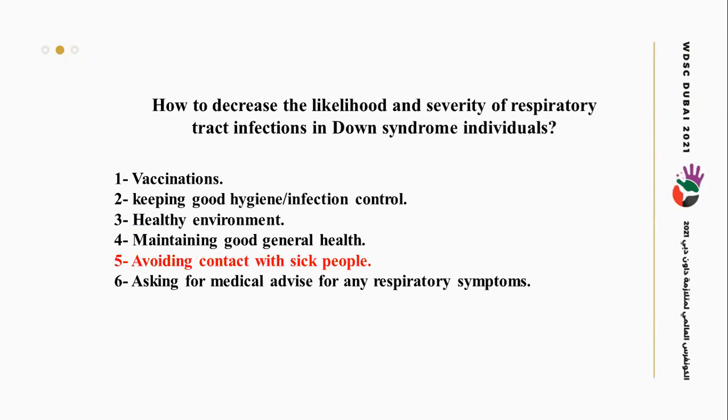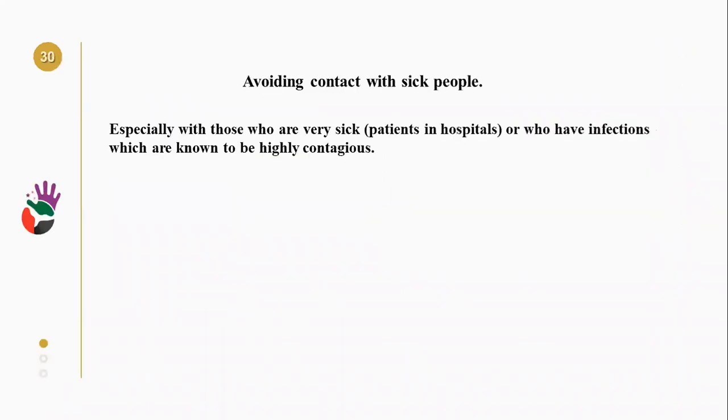Number 5, avoiding contact with sick people. It's very essential to avoid contact with sick people, especially those who are admitted in hospitals or those who are known to have highly contagious infections.